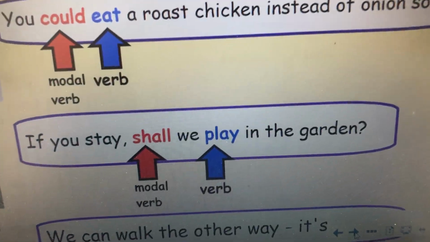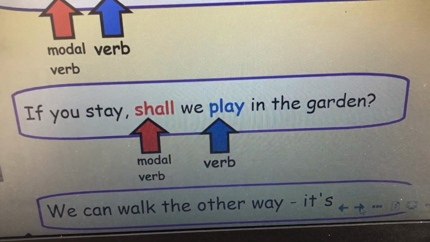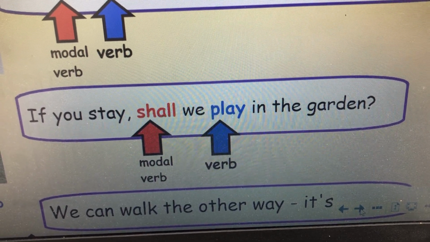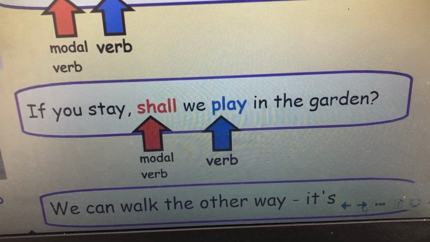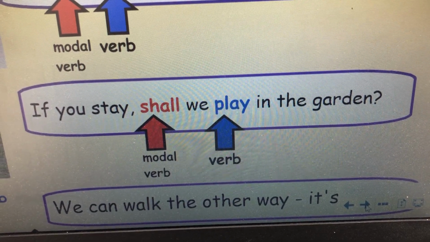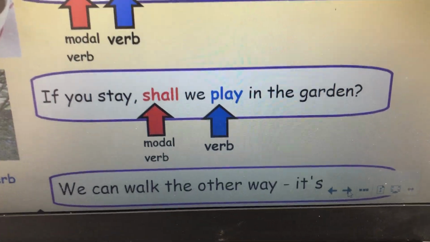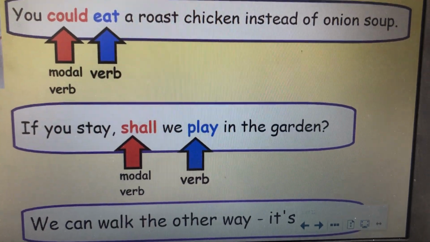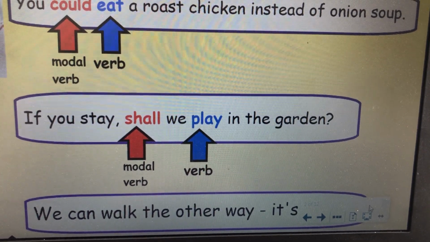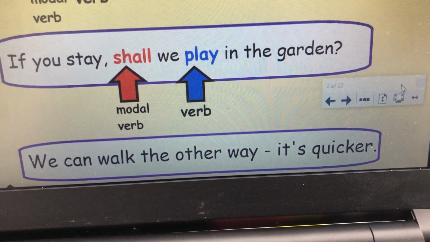Another example, if you stay, shall we play in the garden? I identify my verb first of all, to play, and then my modal verb is indicating how likely it is for that to happen. Shall we play? Here's another example, and I'd like you to have a go at this at home. Let me just move my screen icon, there we go. So, we can walk the other way.